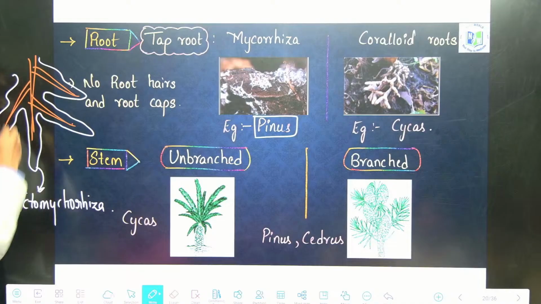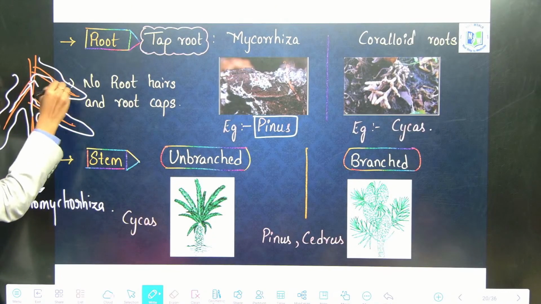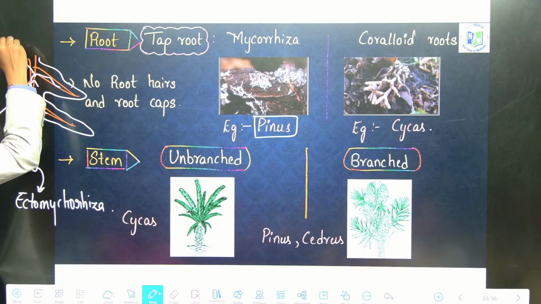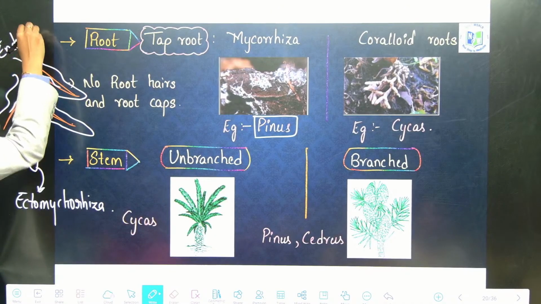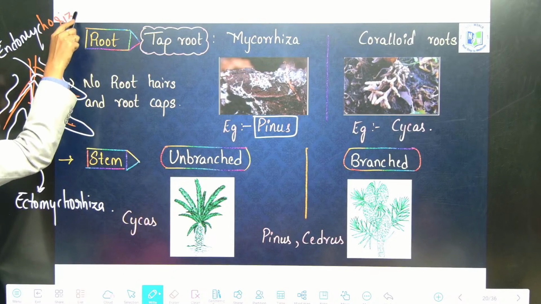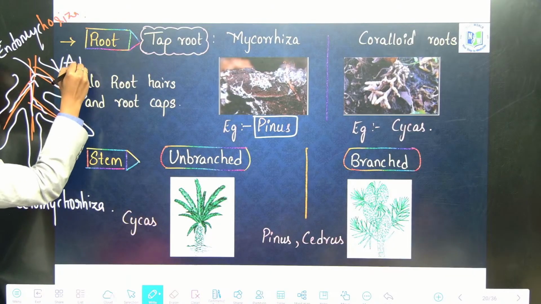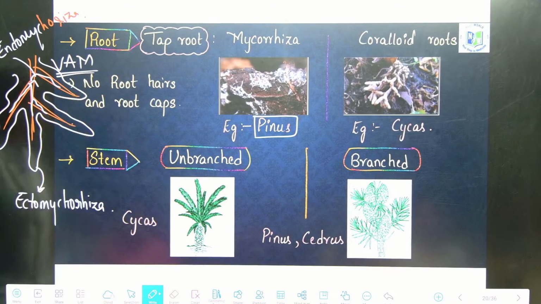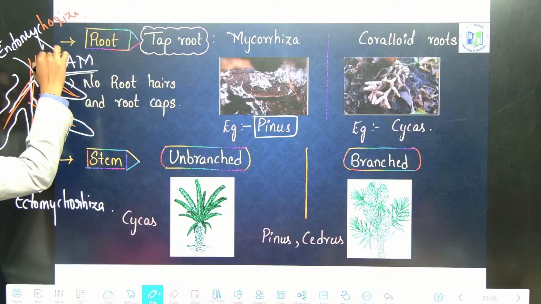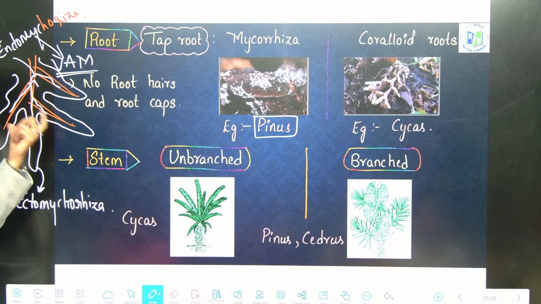If the fungal strands are going into the cells, this is known as endomycorrhiza. One example I can give you is vesicular arbuscular mycorrhiza, VAM, because they dwell within the tissues.